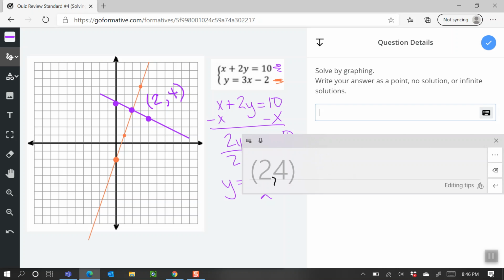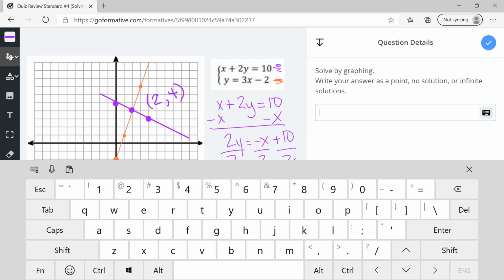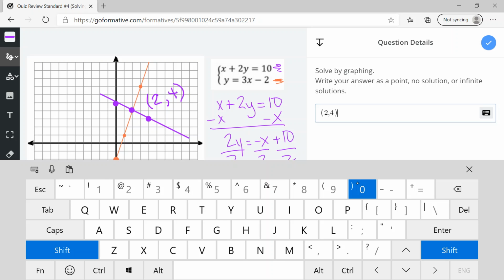Definitely did not do what I needed it to do. Why are you not entering it? Why are you not typing in that box? There we go. 2, 4.